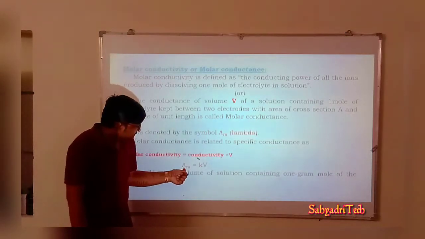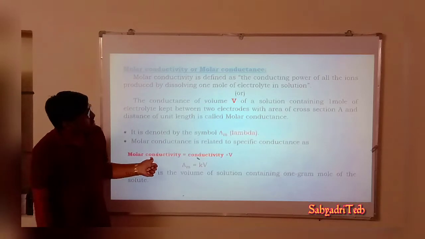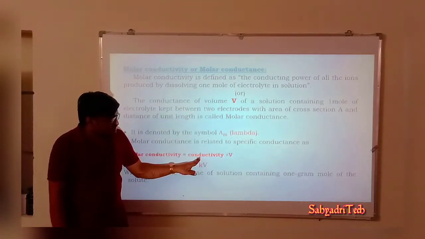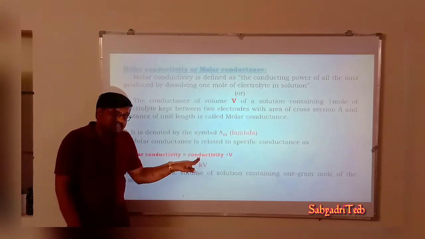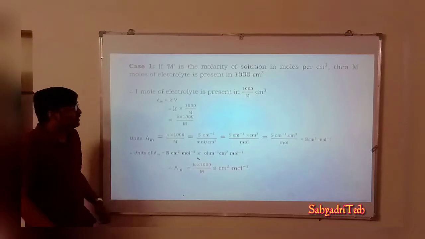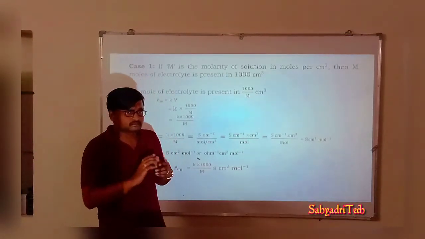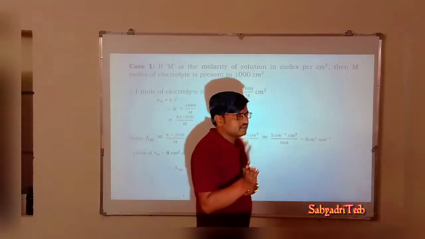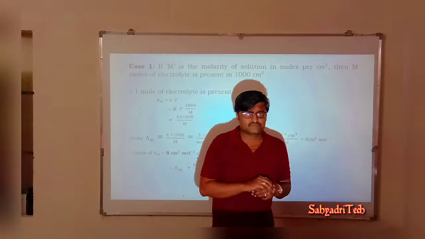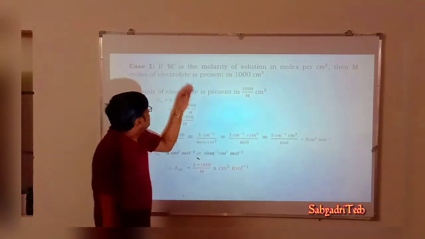Here lambda m is the molar conductivity or molar conductance, kappa is the conductivity or specific conductance, and V indicates the volume of the solution. So we got a basic relation between molar conductivity and specific conductivity: lambda m is equal to kappa into V.